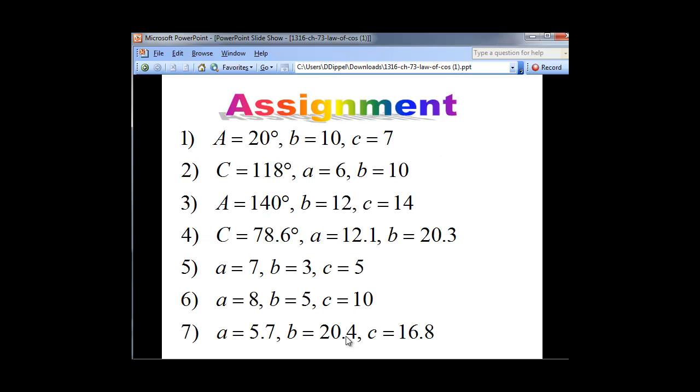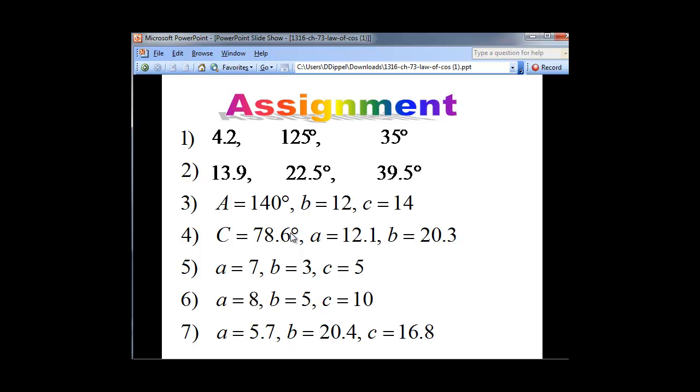Now, if you work through all of these, stop the tape or the PowerPoint, if that's what you're doing online, whatever form. If you draw a triangle and plug in a is 20, b is 10, c is 7, you should get 4.2, 125, and 35. For number 2: 13.9, 22.5, and 39.5.